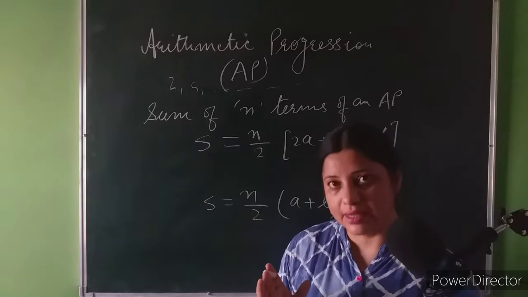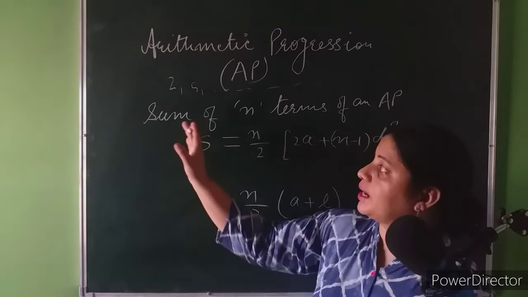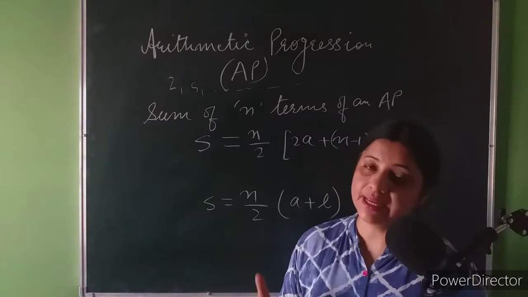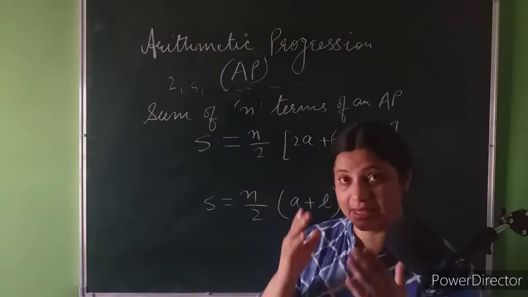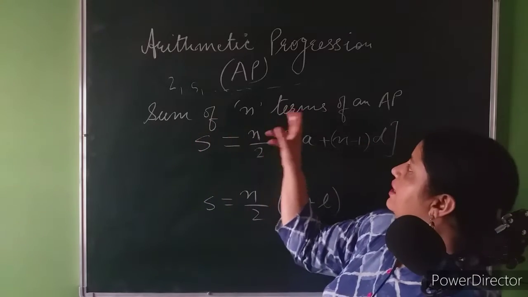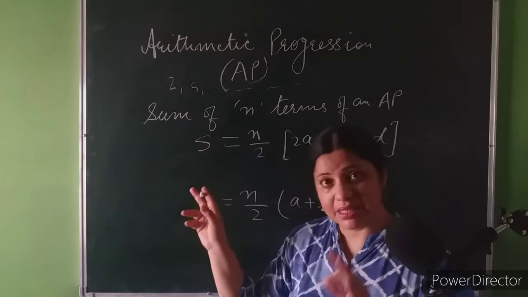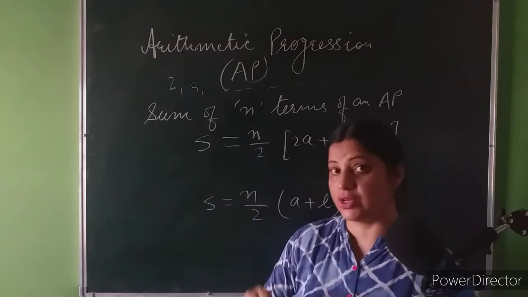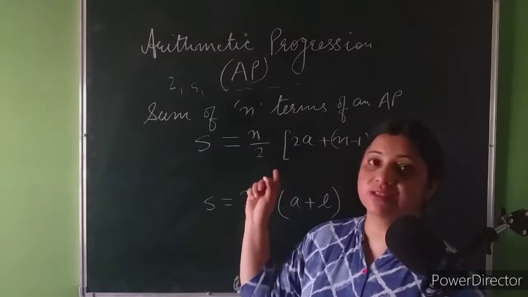So what should be done is apply the formula to find the sum of n terms, any number of terms in an AP. What is that formula? Now let us see. The formula for the sum of n terms is specifically for an AP only. If the sequence is not an AP, we cannot apply this formula.